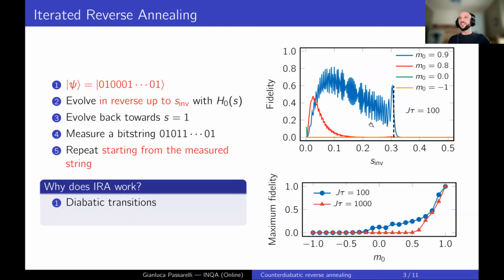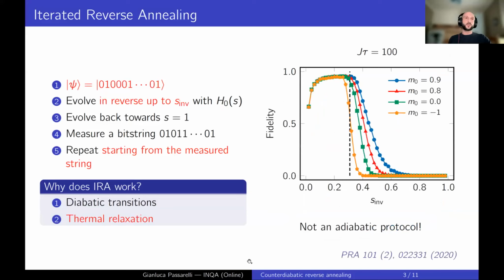Instead, iterated reverse annealing is mostly a heuristic optimization protocol that relies on two things. One is diabatic transitions, but the most important thing is thermal relaxation, because as we showed in this paper here, if you also consider the fact that these quantum devices are interacting with a low temperature environment, then you see that reverse annealing can be useful, because the low temperature environment can help cool down the system and remove excessive excitations, driving the system towards its ground state.